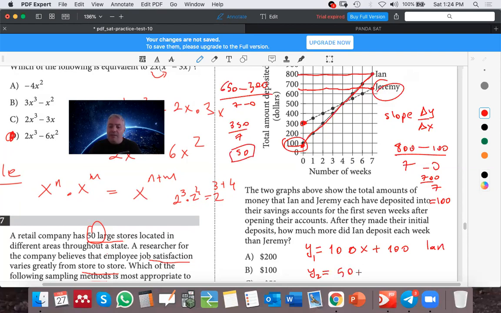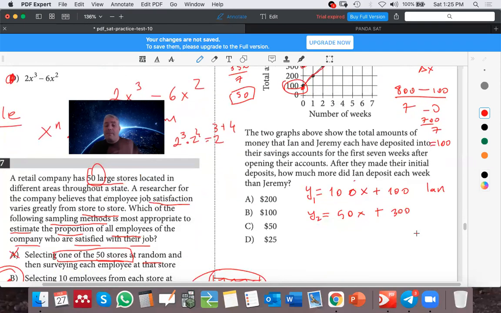Now it will be 50x plus the initial 300. Like in the previous question, what does the slope mean? For each x increase, this one has a y increase of 100, and for each x increase, this one has a y increase of 50.